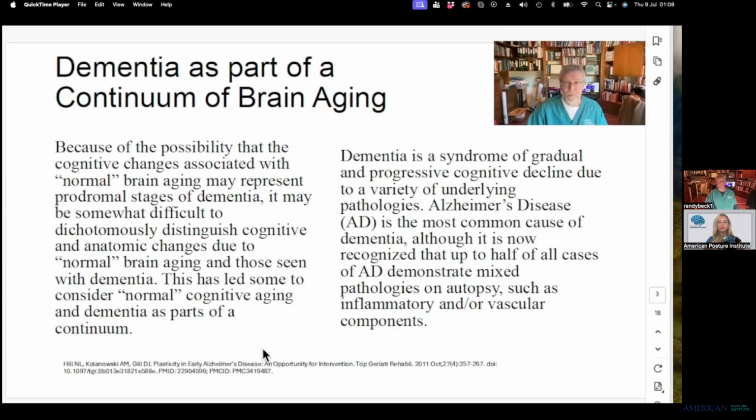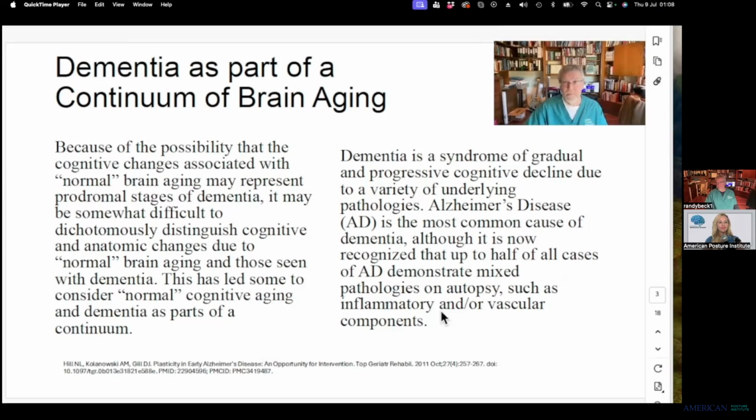But remember, what we're trying to point out here is that we want to consider the cognitive decline of aging on a type of continuum. That's the important aspect I want to get through right now.